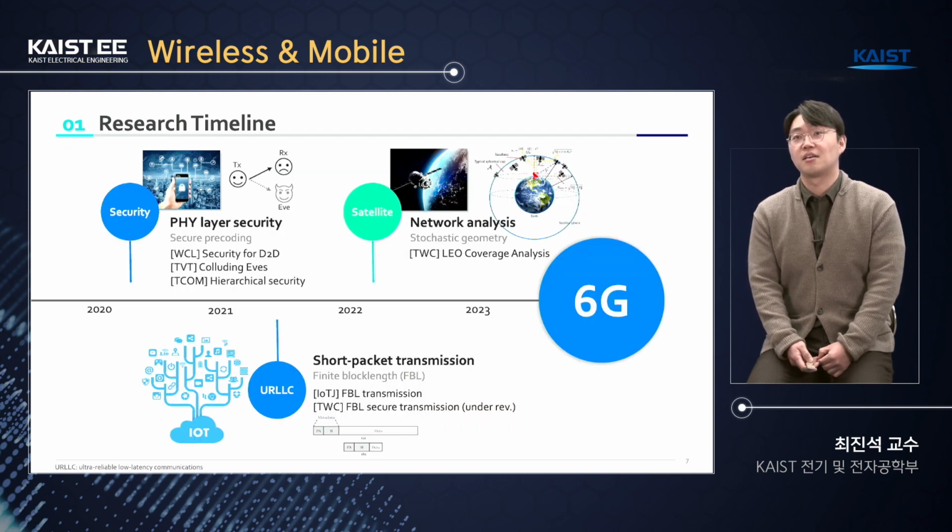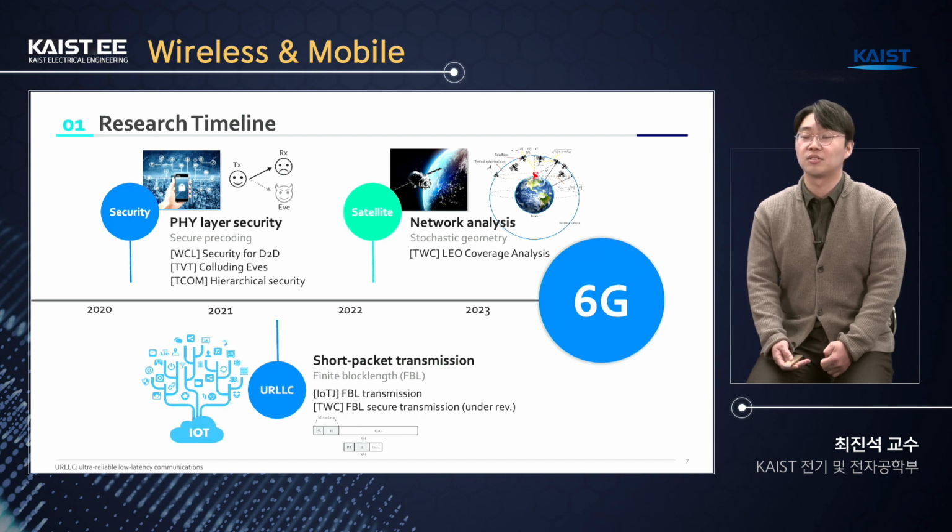And nowadays, physical layer security has become very famous to enable low computing device communications such as IoT. My work includes security and short packet transmission for ultra reliable low latency communications. Satellite communication has also been investigated in my research to find out the true network coverage of satellite communication systems.